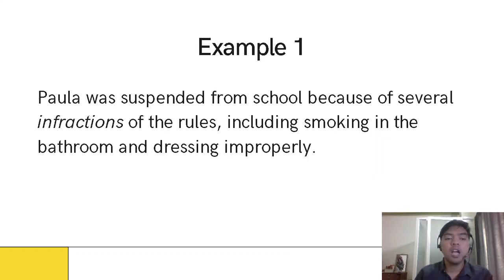Example number one, Paula was suspended from school because of several infractions of the rules, including smoking in the bathroom and dressing improperly. So the unfamiliar word here is infraction. And for us to better understand this sentence, the author gave us examples like smoking in the bathroom and dressing improperly.